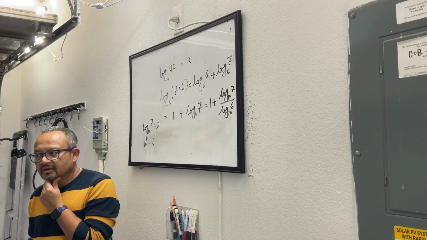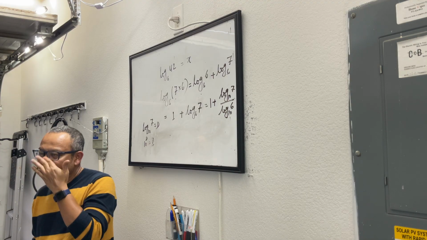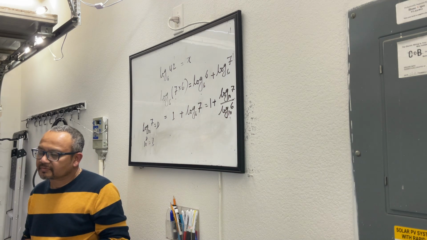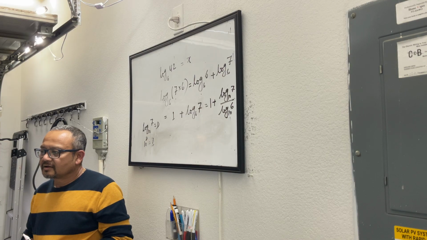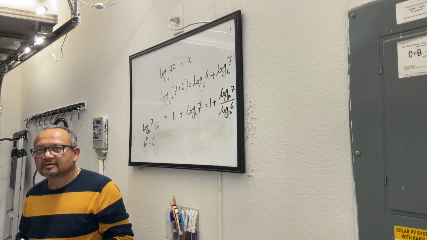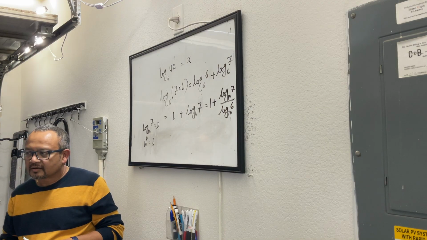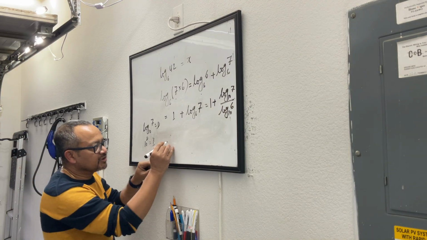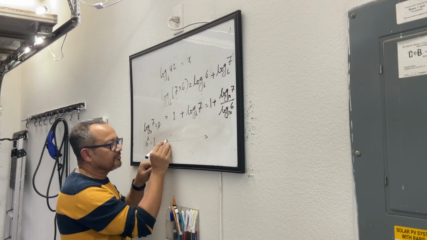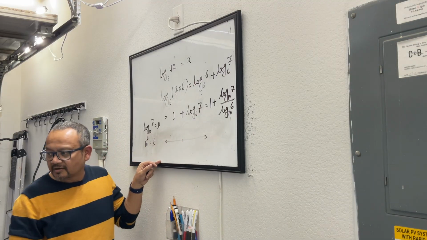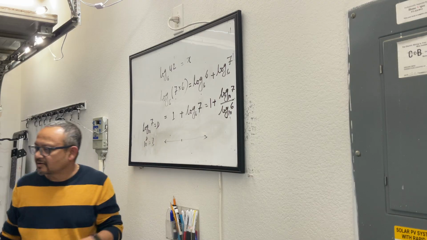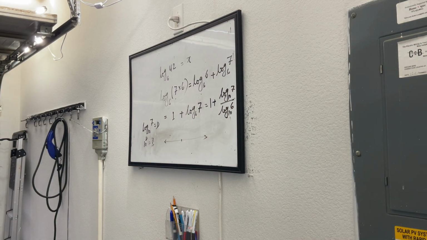So it would be 2 point something, and I listed out 1 through 10. I believe it will be less than 2.5. So you are using a number line method? Not a number line, it's like I'm doing process of elimination.